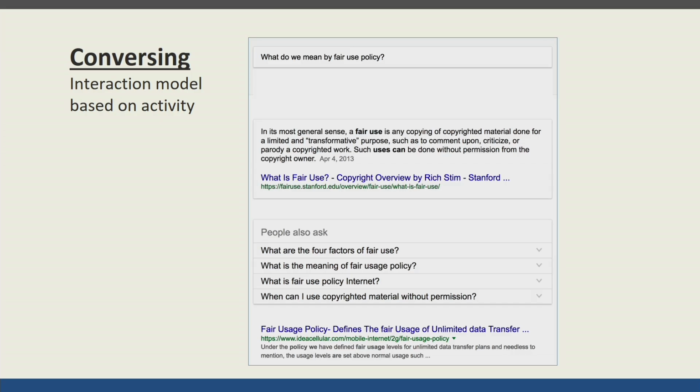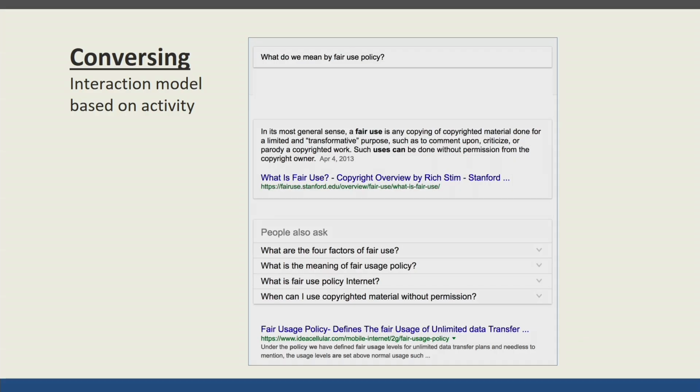It's a question which is asked in simple, plain language, and that's why it's natural language. And instead of searching for "fair use policy" or something like "star fair use star policy", you are actually asking the question in a very natural way, as you would have asked any other human being. So this is a natural language conversation between the user and the search engine.